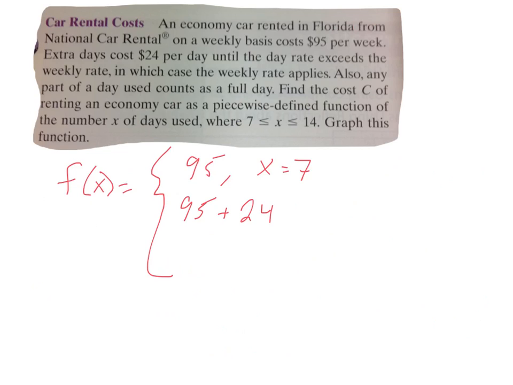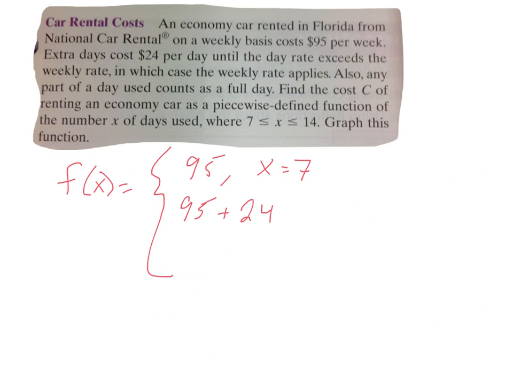It's x minus 7, but we pay a full day price. Like if we use it for 0.5 a day, we still pay $24, we don't pay $12. So we have to take whatever that number of days over 7 is and round it up to the next highest integer value. This is the opposite of the int function, actually.